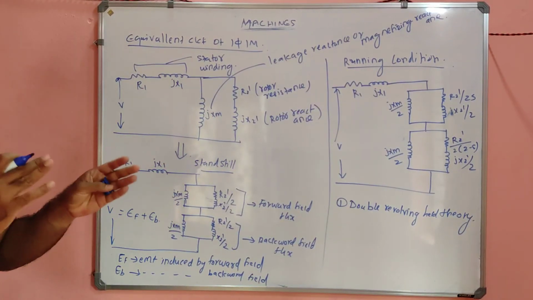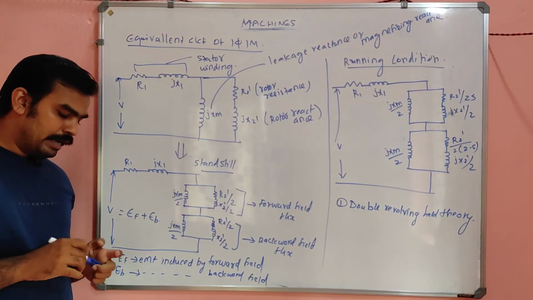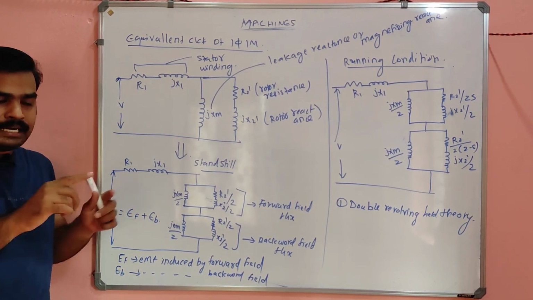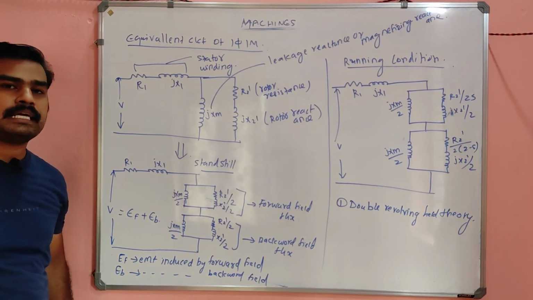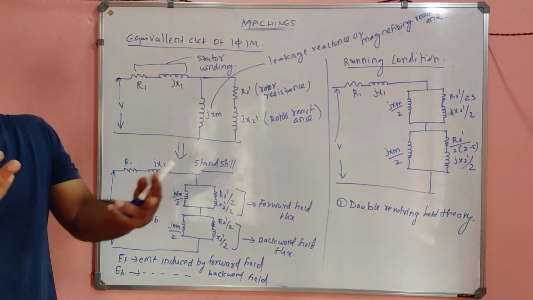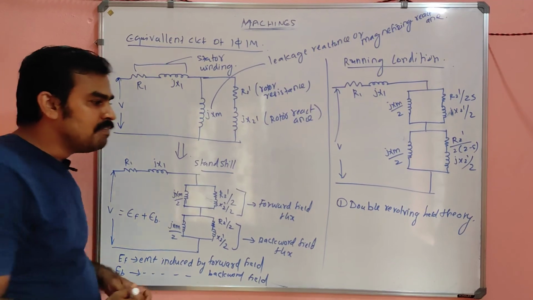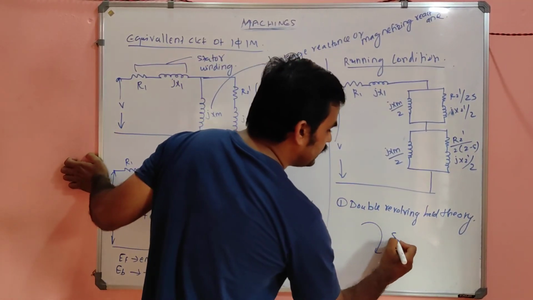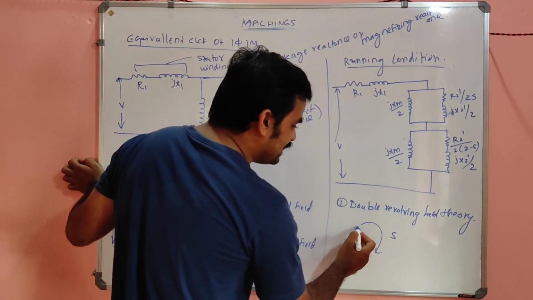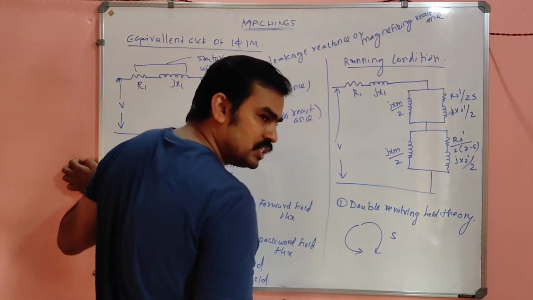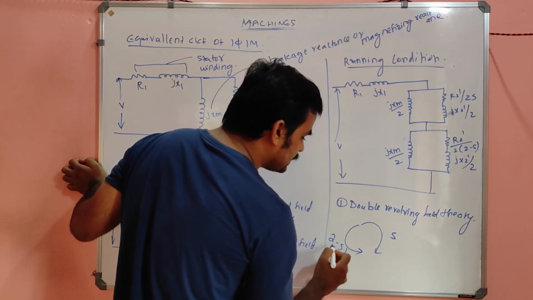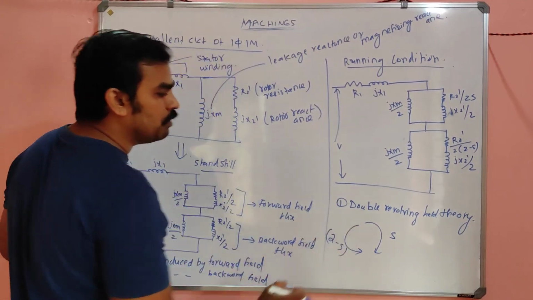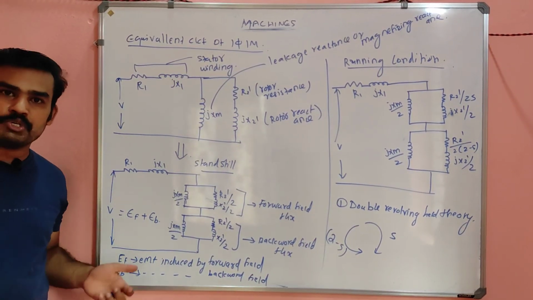According to this theory, at the time of starting the single phase induction motor, two fields are generated inside the motor. One rotates in the clockwise direction with a slip of S, and the other rotates in the anti-clockwise direction with a slip of 2 minus S, and both produce torques of equal and opposite magnitude.